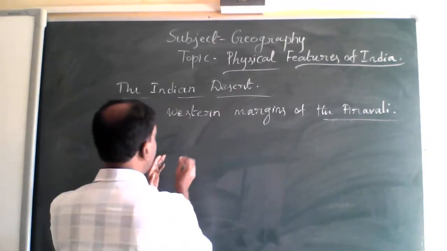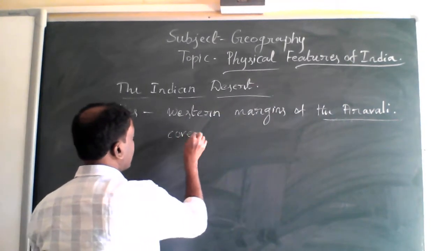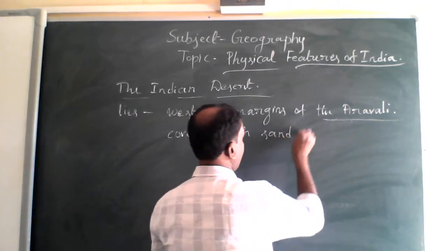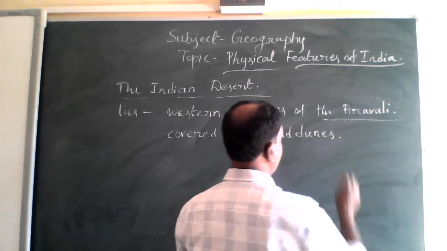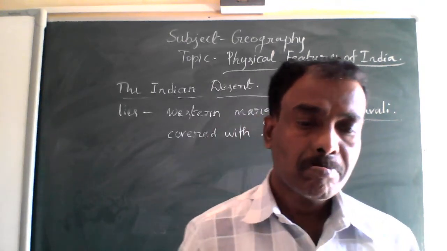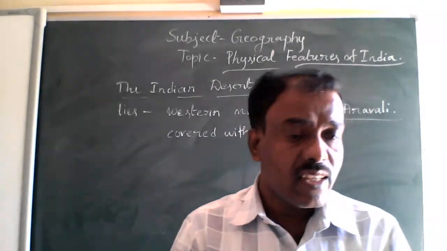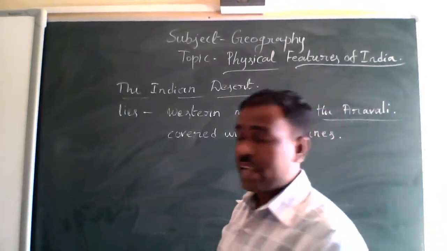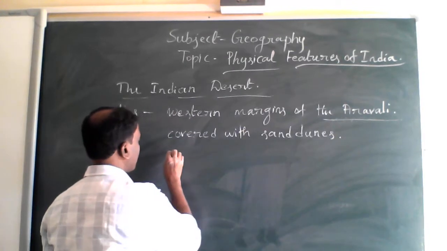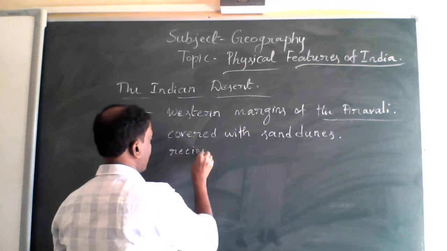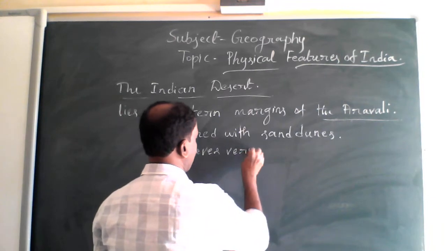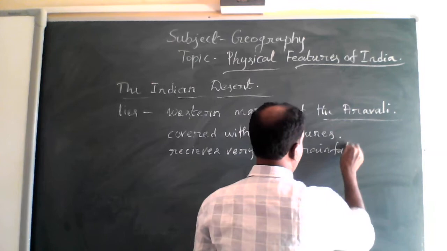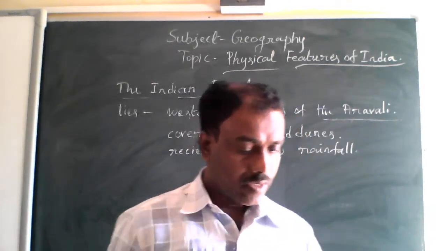So the Indian desert is covered with sand dunes. See, this region receives very low rainfall. Get it, dear students?